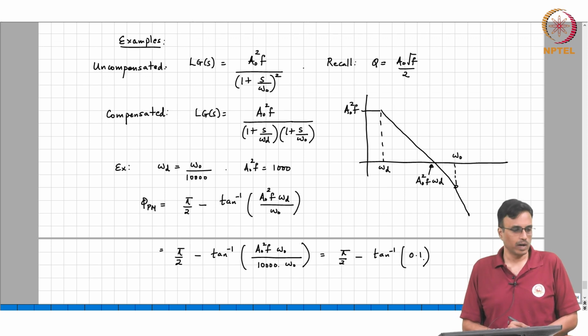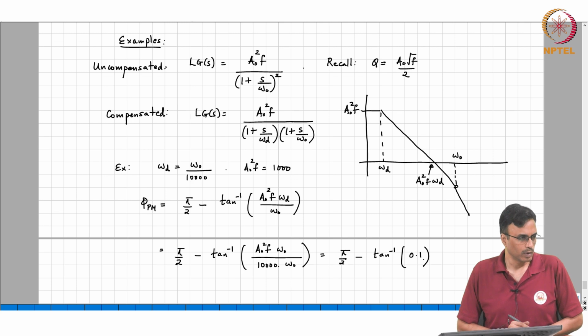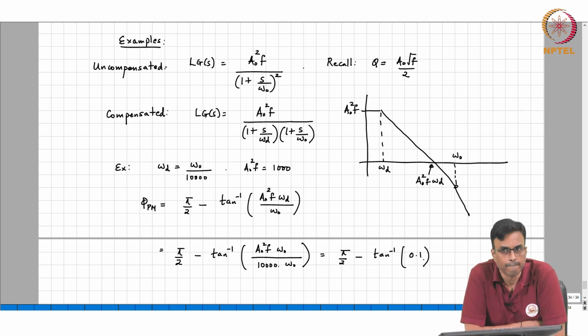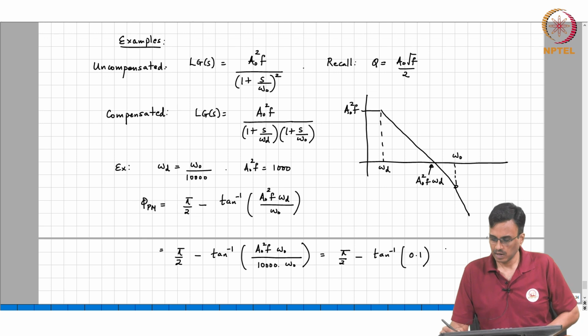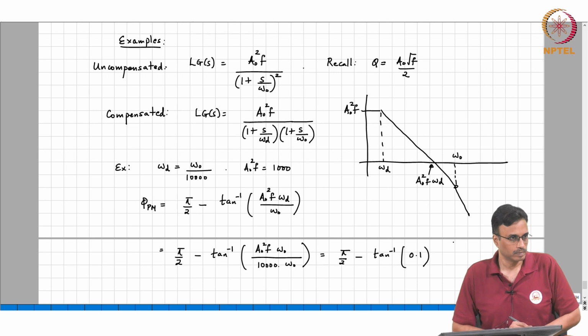And tan inverse 0.1 is roughly 0.1 radians. 0.1 radians is how many degrees? Something like 6 degrees, right. So, the phase margin is not 90 degrees, it is smaller by some 6 degrees or so.